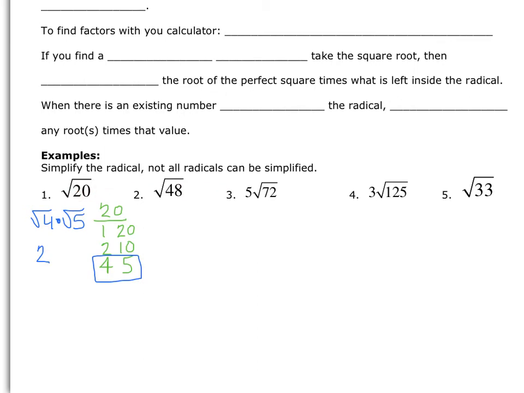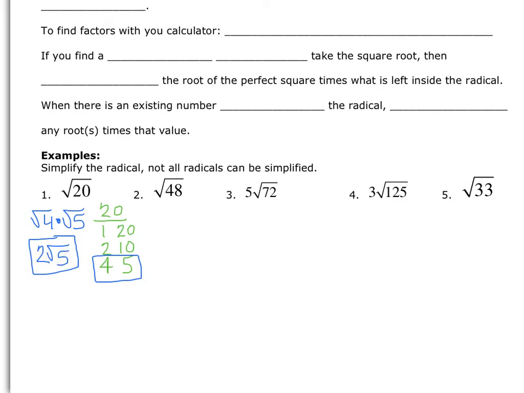So since the square root of 5 is not perfect, you just multiply it by the number that came out of the square root. When we say multiply, we mean you just set it up next to it, because this reads as 2 times the square root of 5. That's just how we write it, right next to each other, so that we know this is 2 times the square root of 5.